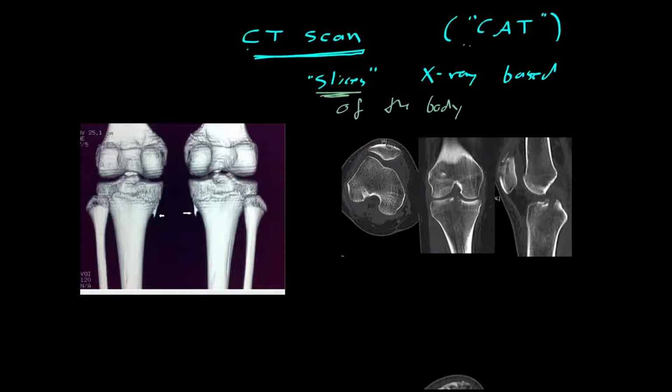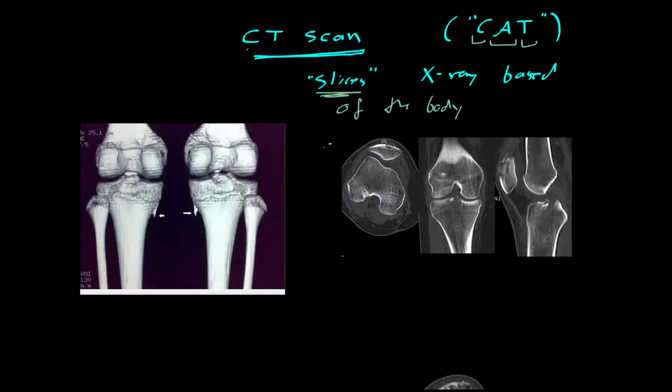These were formerly referred to as CAT scans. I mean, sometimes people still call them CAT scans today. Technically, that term is a misnomer now because this stood for computed axial tomography, which meant that you were only able to take axial slices of the body. So in this image right here, this is an axial slice of the body.